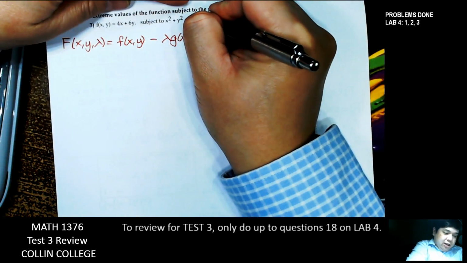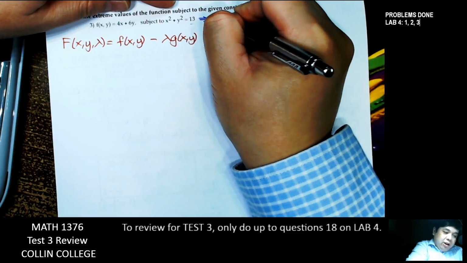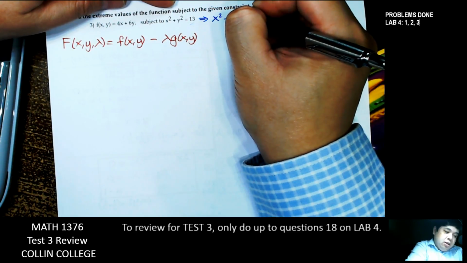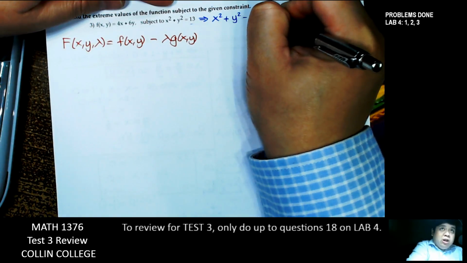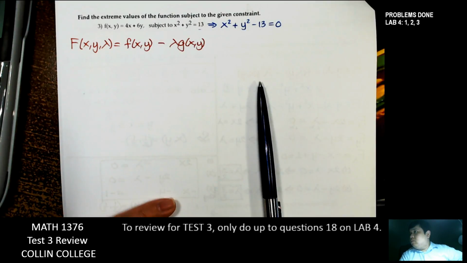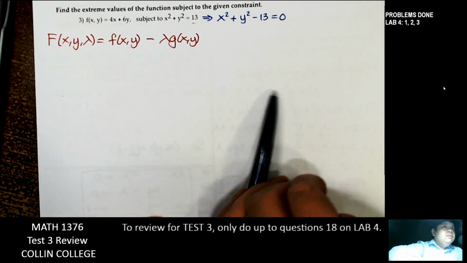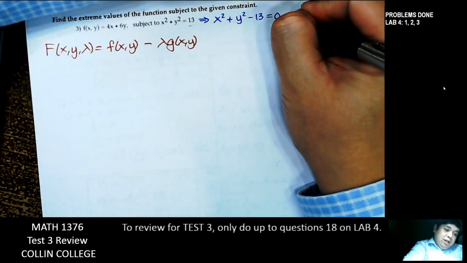And if we minus 13, we have x squared plus y squared minus 13 equal to 0, and that will be g of xy.